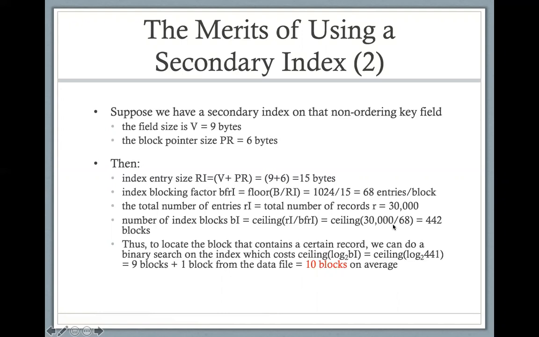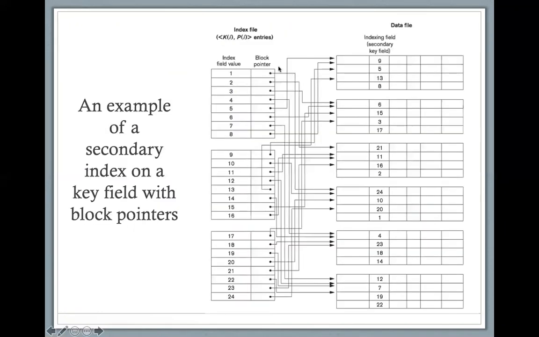It's sorted, so I'll do binary search. Log 442 is about 9, plus 1 block from the data file. Binary search on the number of blocks gives me a particular entry here. Then I follow the pointer to get to the record. That's one additional block.